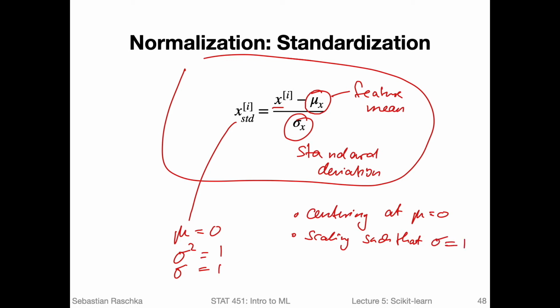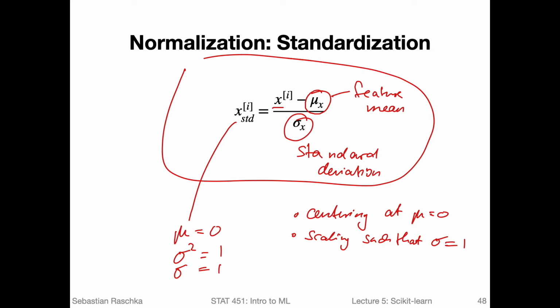It's not important whether we have a standard normal distribution or normal distribution for the feature. For most algorithms, the point is more about having 0 mean and standard deviation of 1.